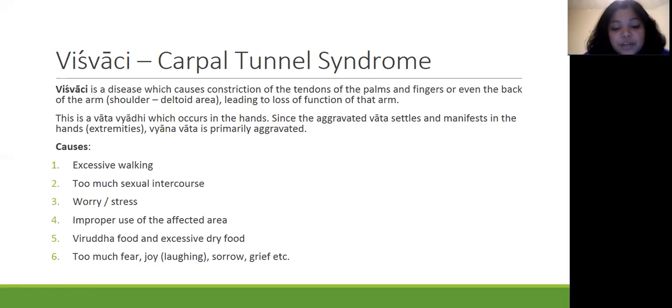Now, if we look at all the different types of Vata, or the different subdoshas of Vata, none of them actually get to this aspect of the extremities or the whole body other than Vyana Vata. Vyana Vata is the only one that circulates all throughout the body.